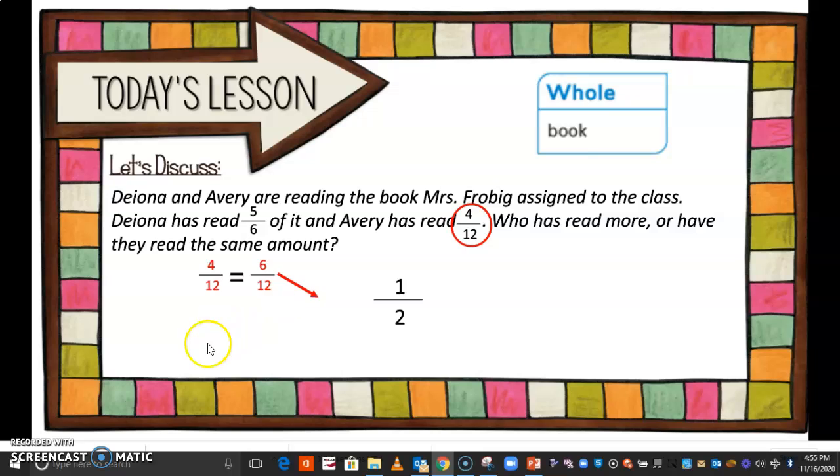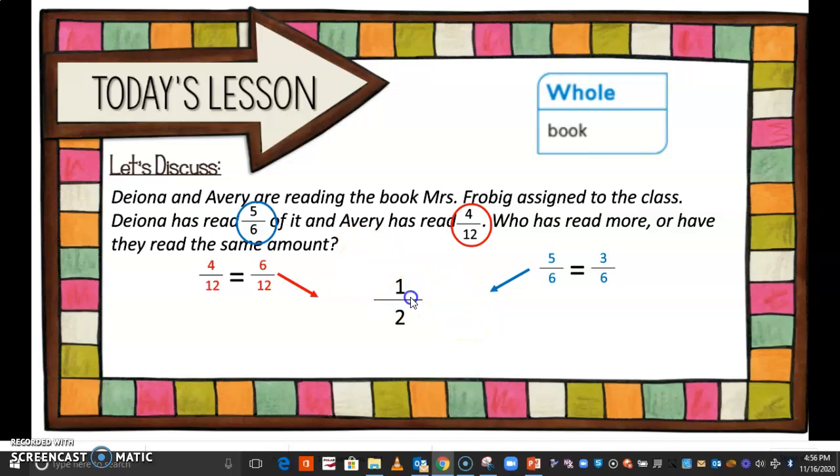If we take 5/6, we figure out what half of 6 is. Half of 6 is 3. Now we look at our numerators: 5 is more than 3, so 5/6 must be more than half, or 3/6.